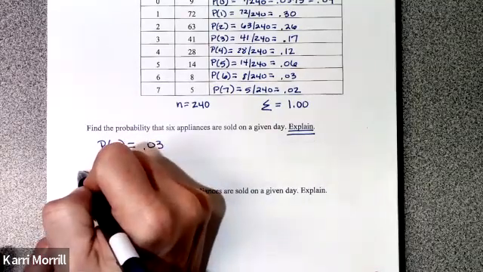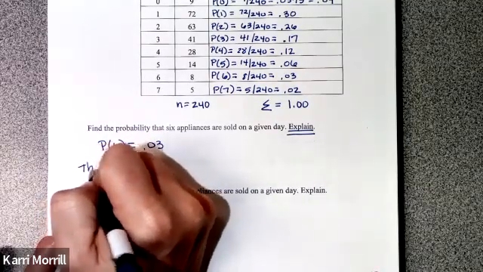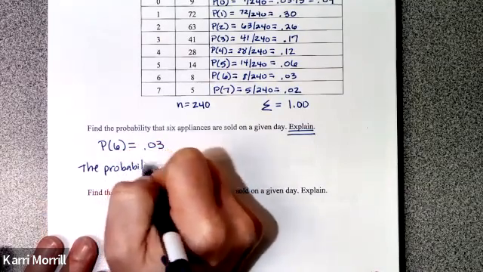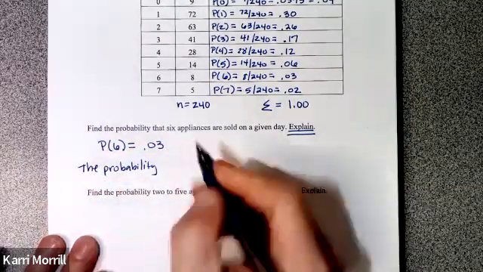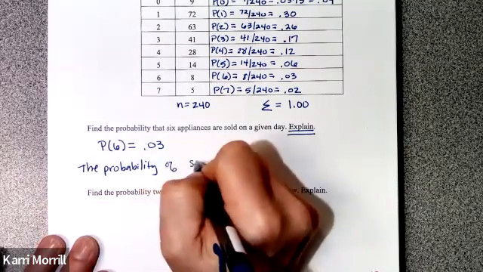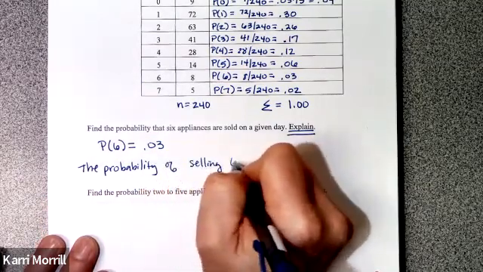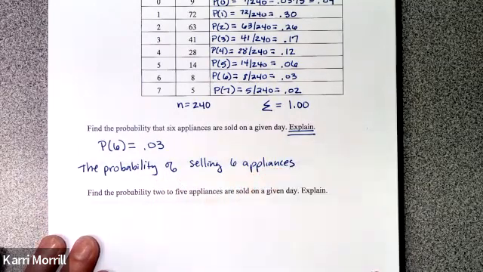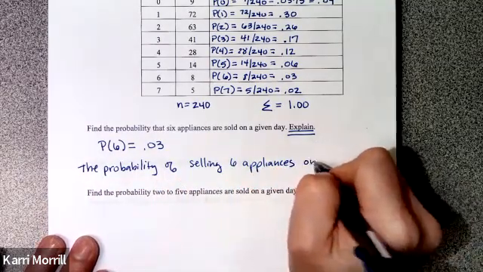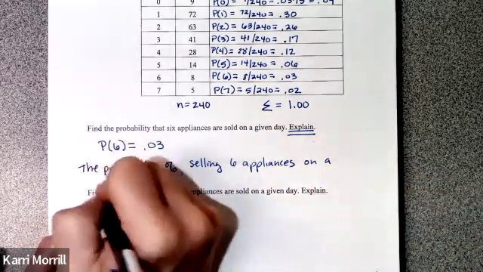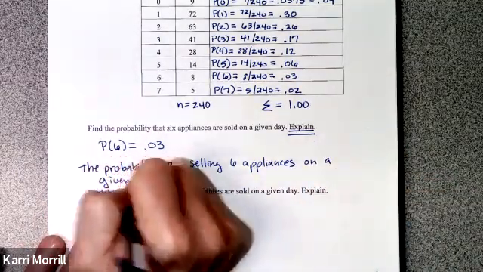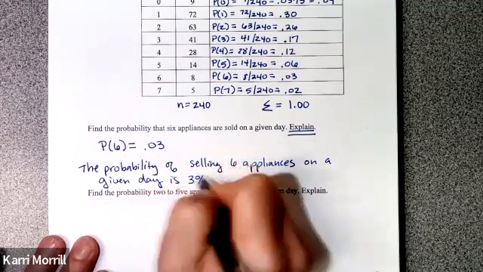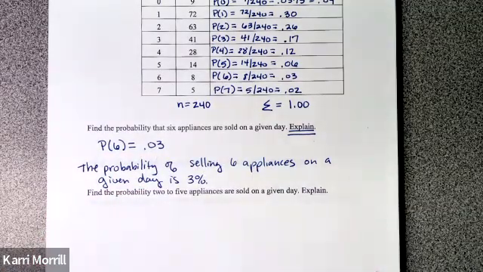So you need to get in the habit of looking for things like: the probability of selling 6 appliances on a given day is 3%. So you'd want to turn that back into a percentage to answer that.